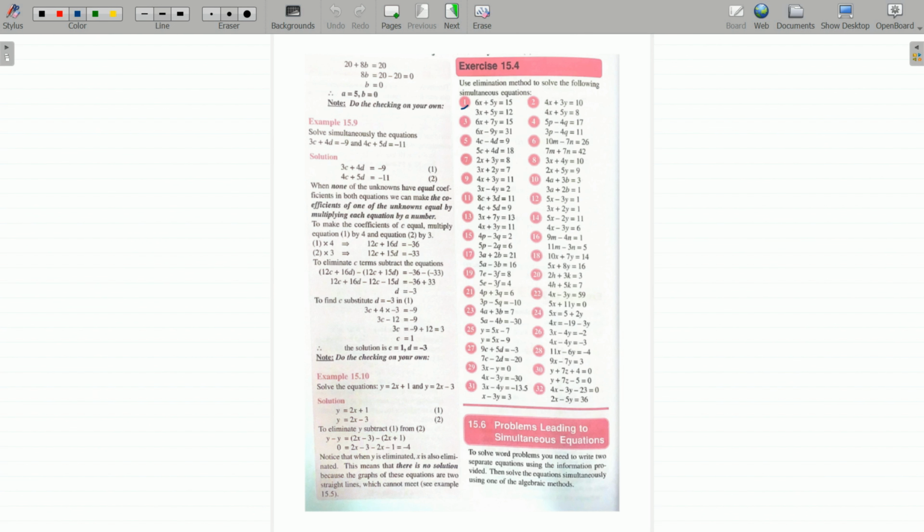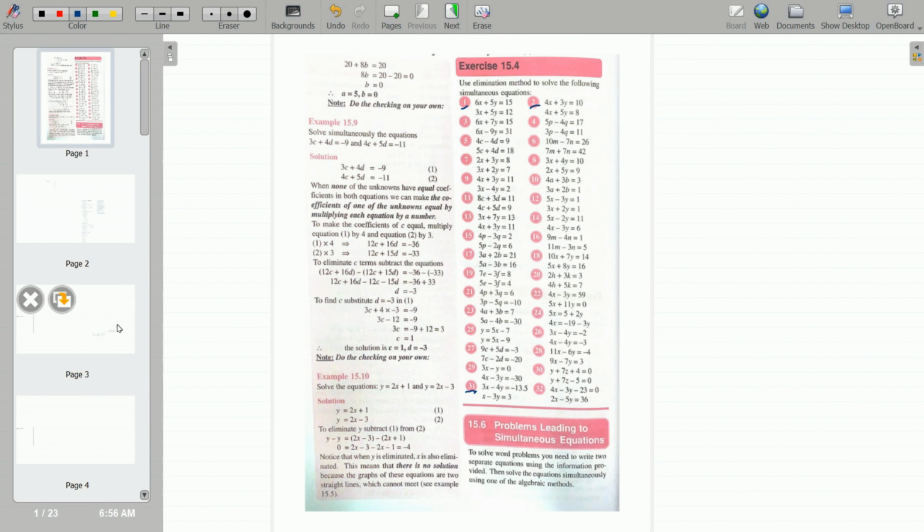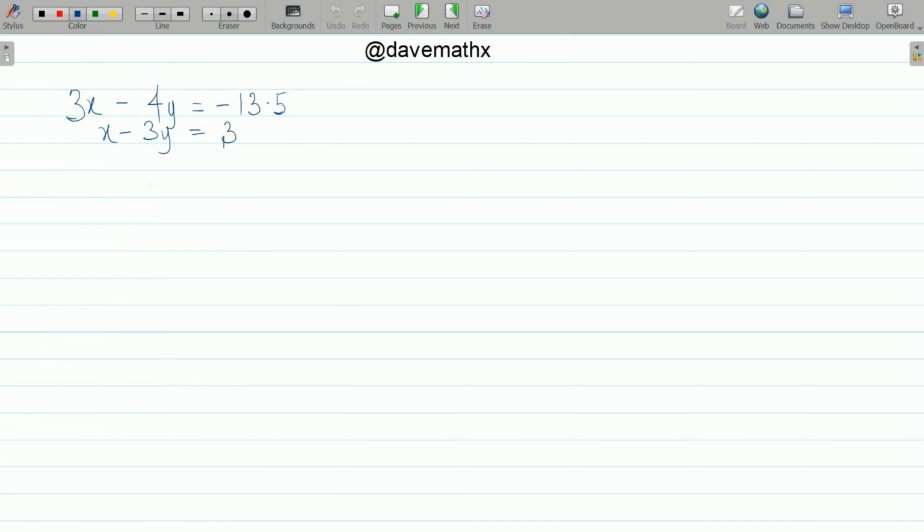As they all use the same methodology, I will answer question number 31, which is a bit difficult. Three x minus 4y equals -13.5 and x minus 3y equals 3. We can multiply the coefficient since there are no common numbers.